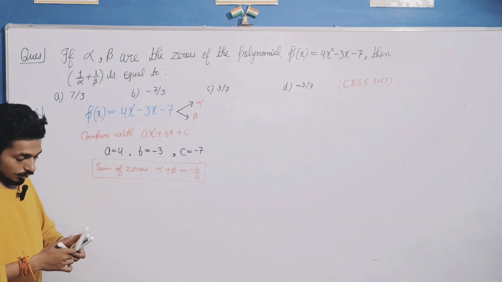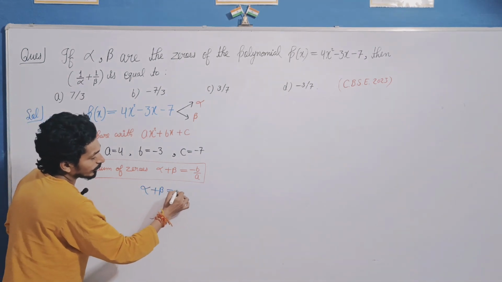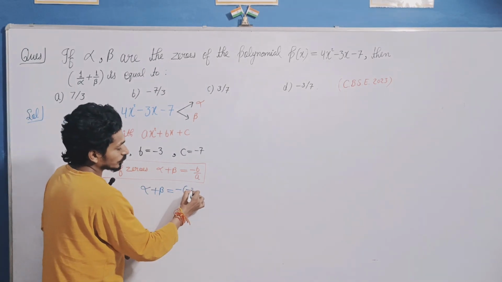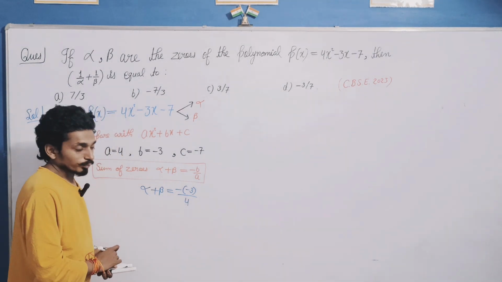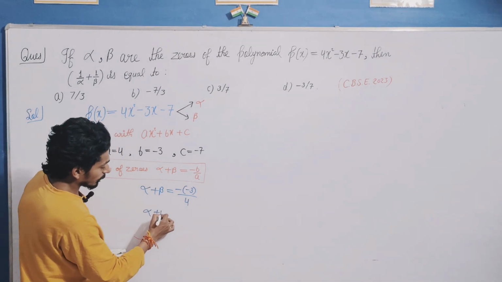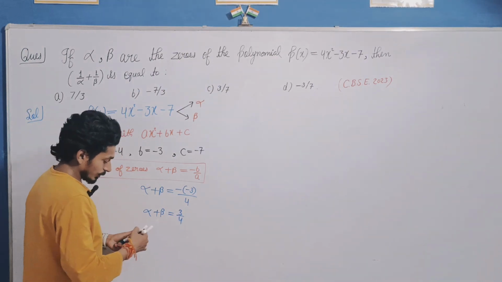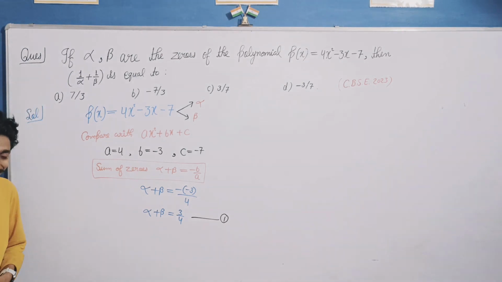So we get alpha plus beta is equal to minus, and here we put the value of b, that is minus 3, upon, and put the value of a, that is 4. So here we can write alpha plus beta equals minus minus plus, so 3 upon 4. That is equation number first.